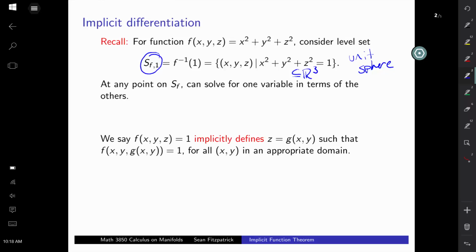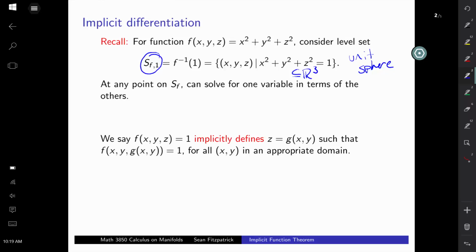Given some conditions, of course, because you can come up with badly behaved functions where the pre-image is empty, or where the pre-image is, say, a point. For example, for this same function, if you considered the level set for 0, there's only one point where f of x, y, z is equal to 0, and that's the origin. That's certainly not a surface sitting inside of R3. But with appropriate conditions, you can guarantee that you get some sort of nice surface.